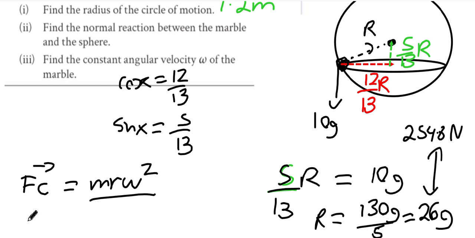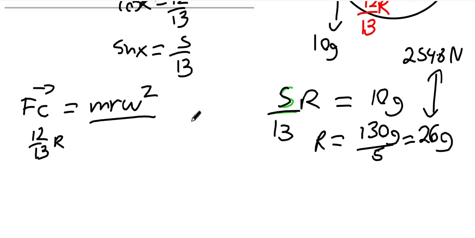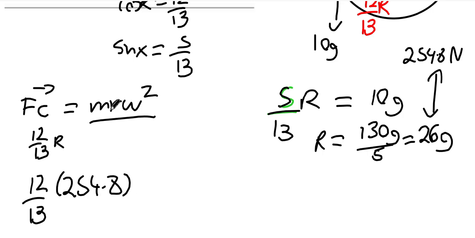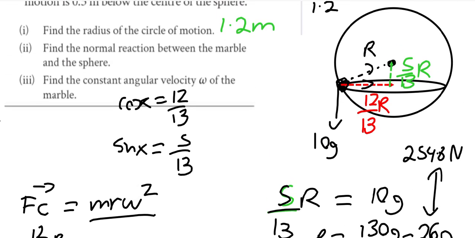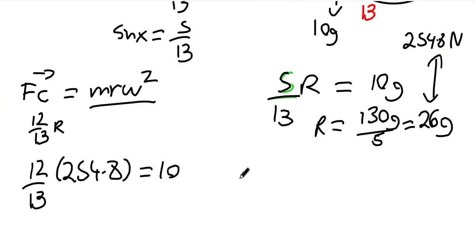And then, the only thing keeping this moving in a circle is that red line, the 12 over 13 R. And we know that the R value is 254.8. We know the m value is 10. We know the radius is 1.2.